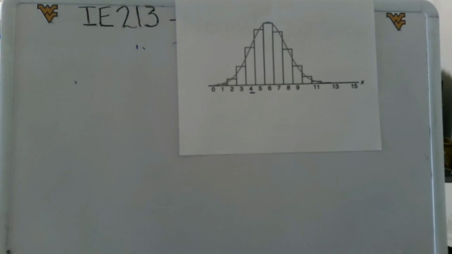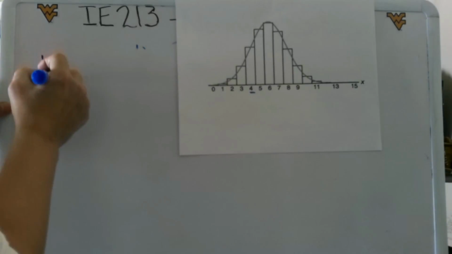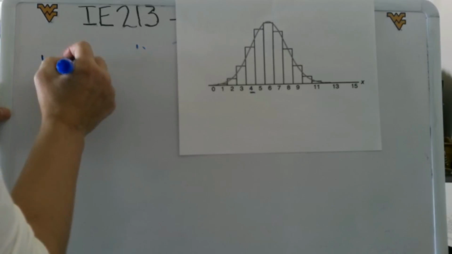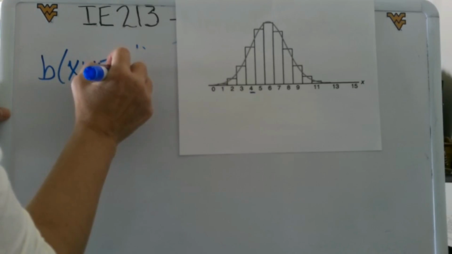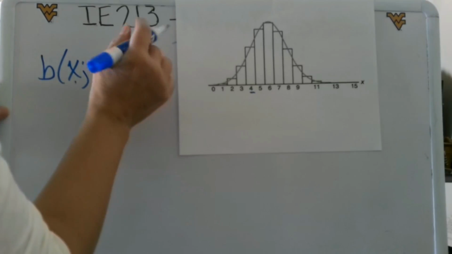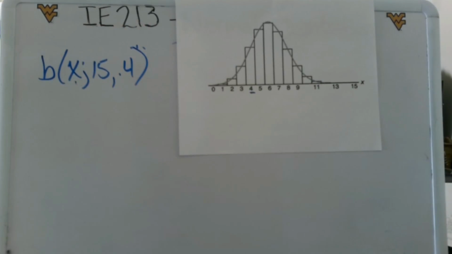Okay, now let's look at our histogram that we had with our normal distribution superimposed for our binomial of x, 15.4.